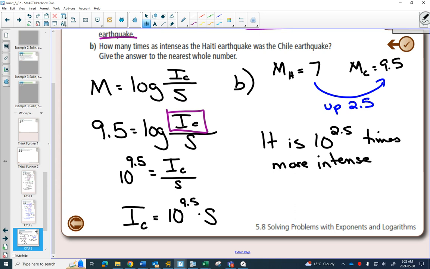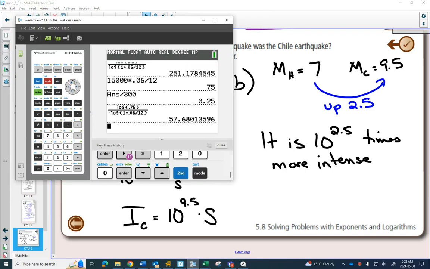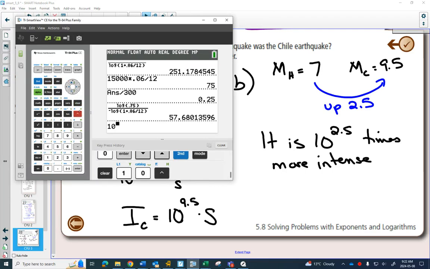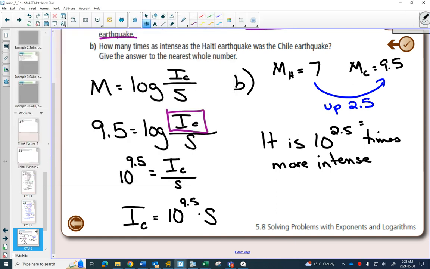That's the shortcut. Solved, done. We could change that to a decimal, probably on the exam. They would ask for the answer as a number, so 10 to the power of 2.5. 316.228. 316.228 times more intense. That's the shortcut. For earthquakes, you can do that shortcut every time you go up by 1 and you're comparing two things. It's going to be that power of 10. So we went up 2.5, it's 10 to the 2.5.